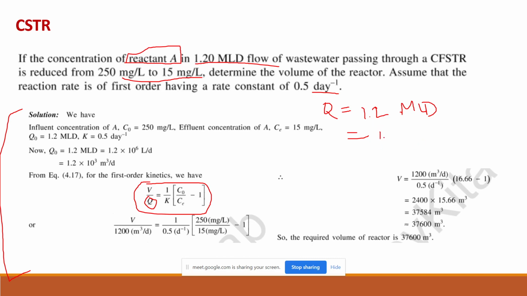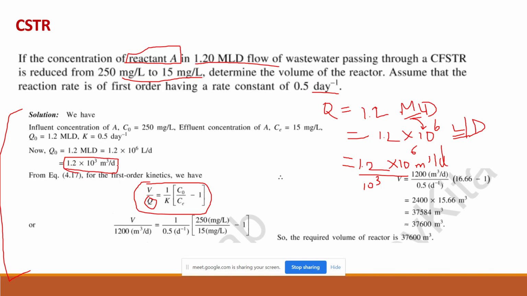So 1.2 into 10 to the power 6 liter per day, because this is million. So you replace it by 10 to the power 6. After this, you convert liter into meter cube. So 1.2 into 10 to the power 6 by 10 to the power 3 meter cube per day. This gives you 1.2 into 10 to the power 3 meter cube per day. So this is the flow rate.